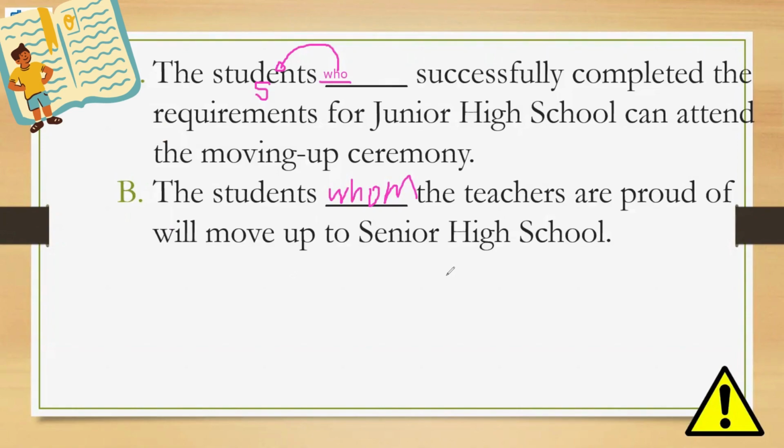The teachers are proud of the students. So that's why we use here the word whom. The students whom the teachers are proud of will move up to senior high school.